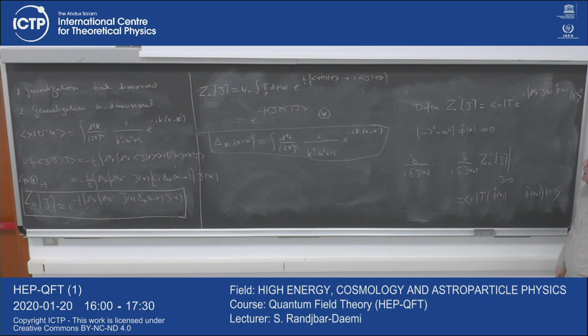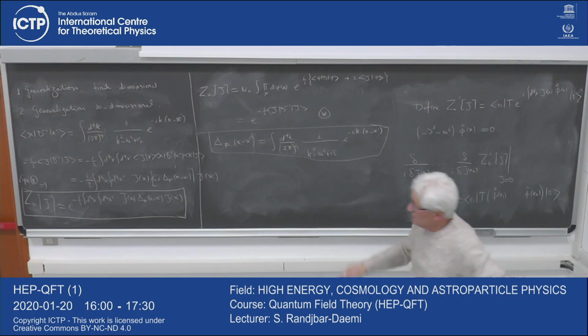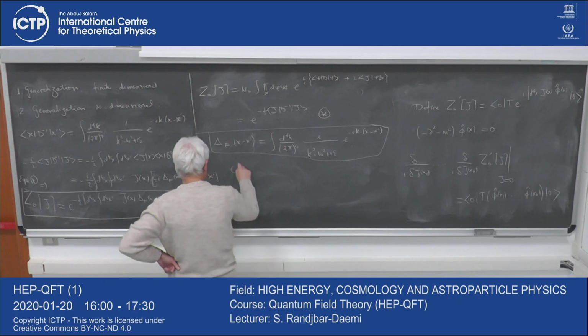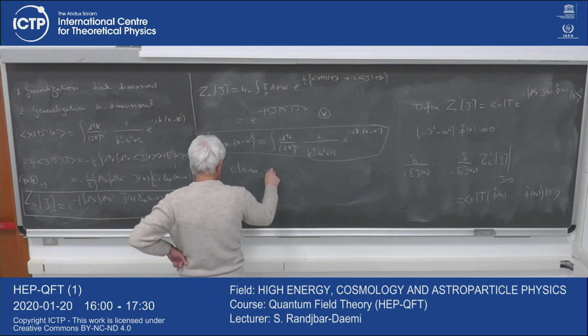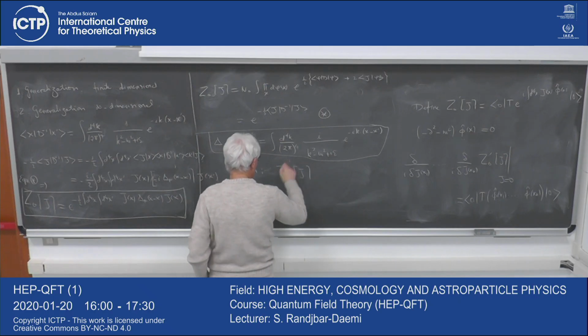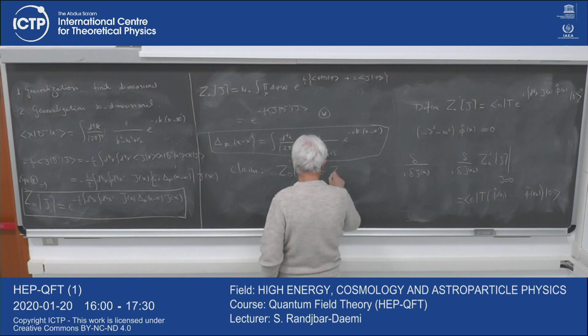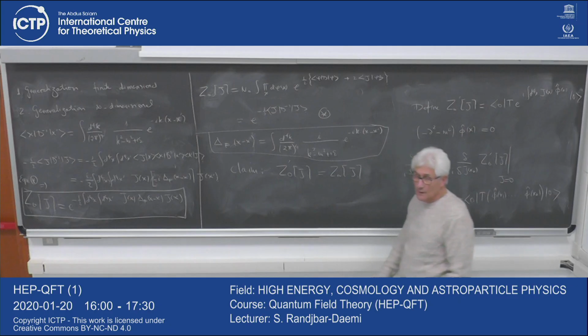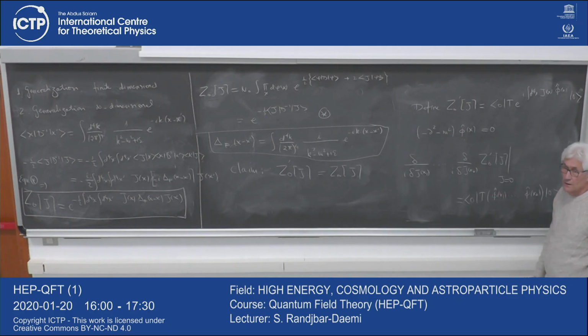Okay? The claim is that this functional is the same as our Z. So the claim is that Z prime of J equals Z of J. And this is a useful thing. Why?